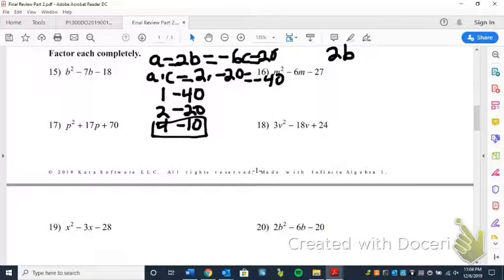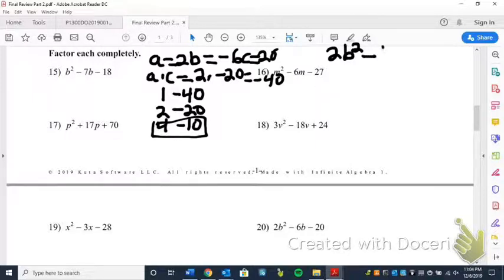So what we do is we listed out the factors of negative 40 and kept going until we found the factors that added up to negative 6. And that was 4 and negative 10. So we're going to step 4, which is rewriting.